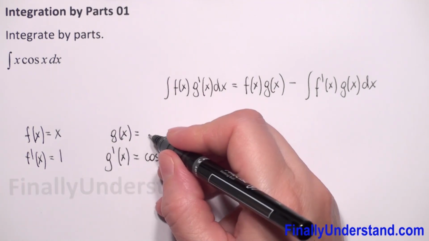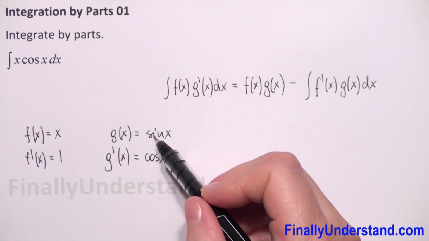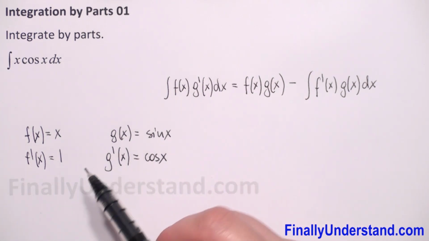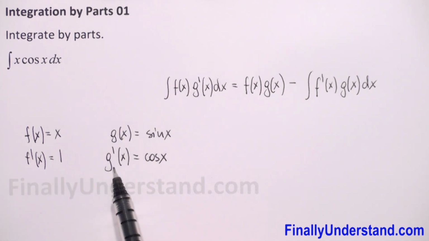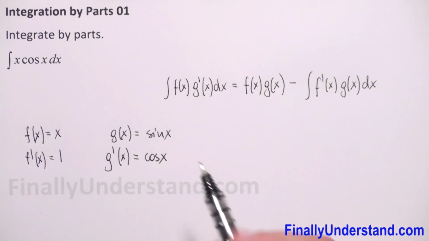This is equal to sine of x. You can always check the derivative of sine is cosine. So we have f, g, f prime, g prime. Now we can just substitute into our formula.